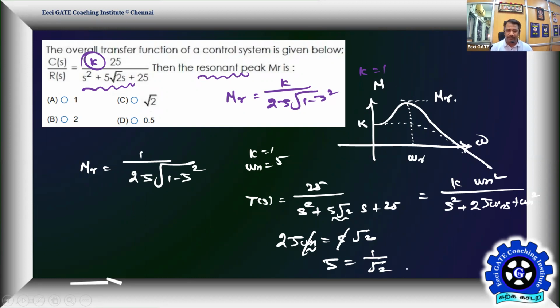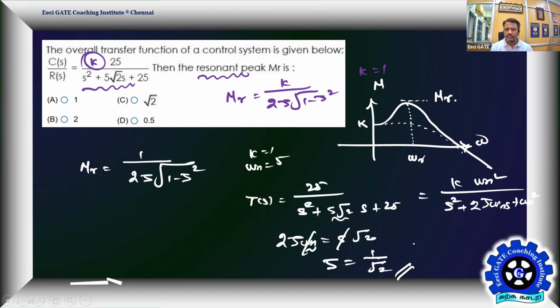That's the interesting point. Fortunately, this value, I will say for a reason, you will understand soon. Let me check that data: 2 zeta omega_n is equal to 5 root 2. So omega_n 5 will cancel, zeta becomes root 2 by 2, that is 1 by root 2.